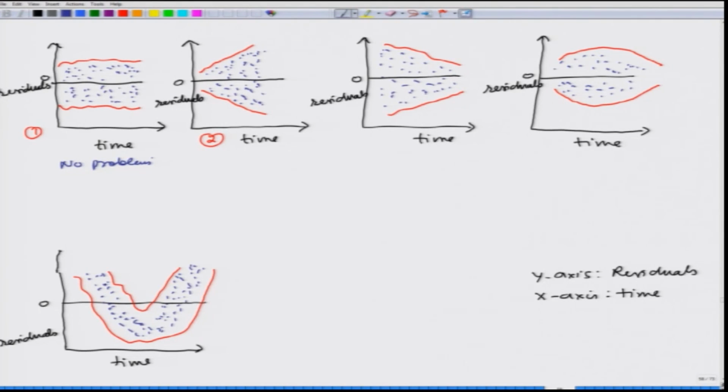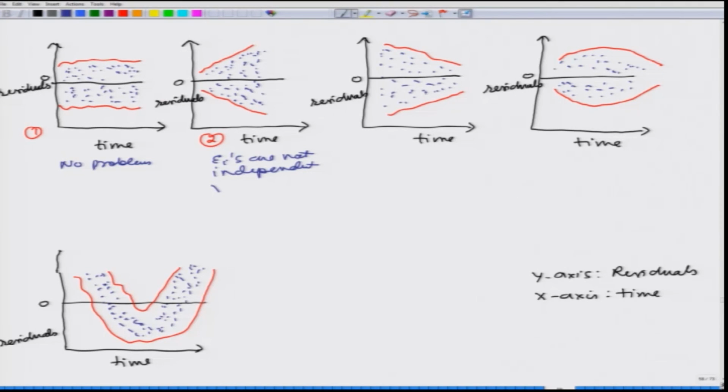and with this type of picture, when all the points can be contained in a horizontal band, this indicates that all the epsilon 1, epsilon 2, ..., epsilon n are independent of each other. In this case, I would say that there is a problem, and the epsilon i's are not independent.